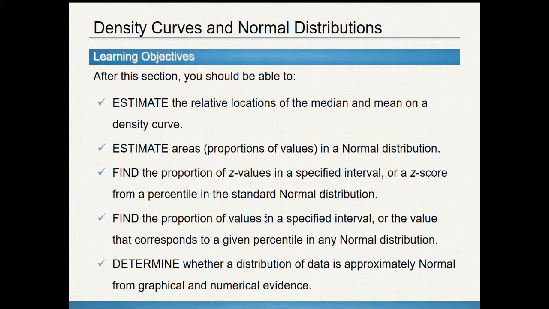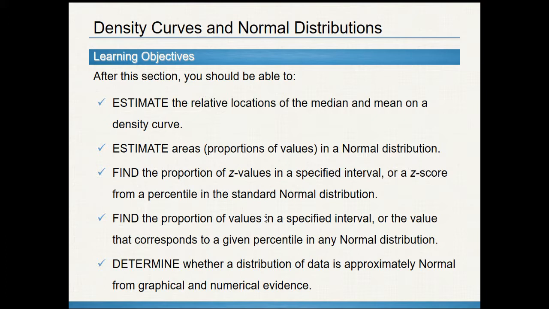All right, so after this section, we should be able to estimate the relative locations of the mean and median on a density curve. We should be able to estimate areas or proportions of values in a normal distribution. We should be able to find the proportion of z values on a specified interval or a z-score from a percentile in the standard normal distribution.